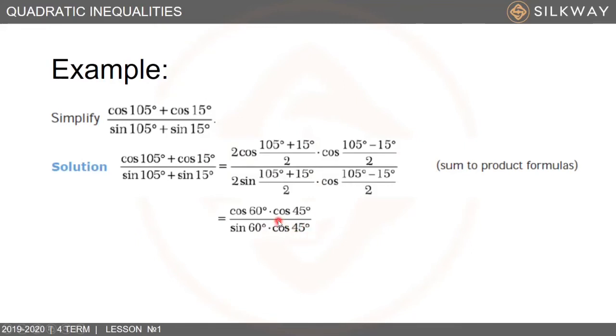Here we have like terms, cosine 45 and cosine 45. They are cancelled, and then we know the values of cosine 60 degrees and sine 60 degrees, and our answer is 1 over square root of 3.